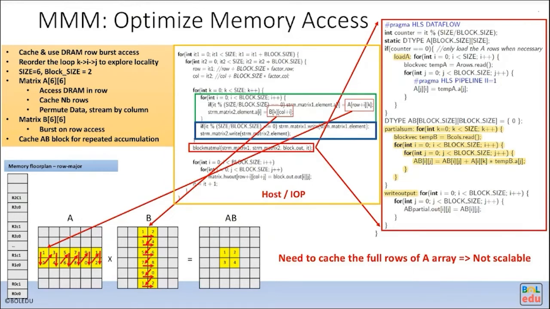Okay, so this is the code for the block matrix multiplication. In this example, the block is 2 by 2. So 2 rows of the A matrix and 2 columns of the B matrix will be used to calculate that.